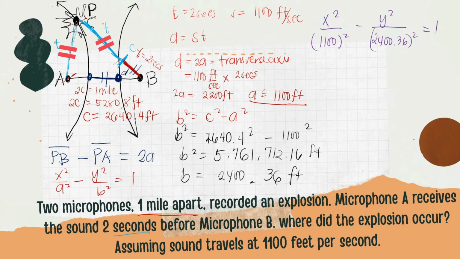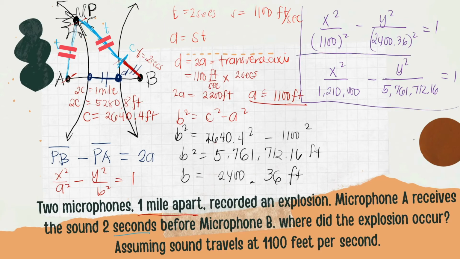Or pwede naman natin i-expand, so x squared over 1,100 squared, that is 1,210,000 minus y squared over yung 5,761,712.16 is equal to 1. So, ito yung equation ng hyperbola.